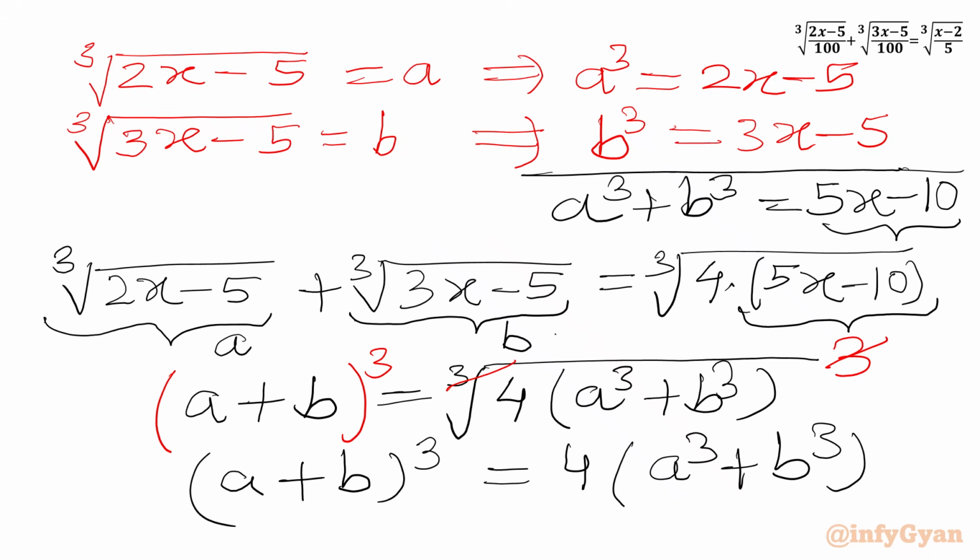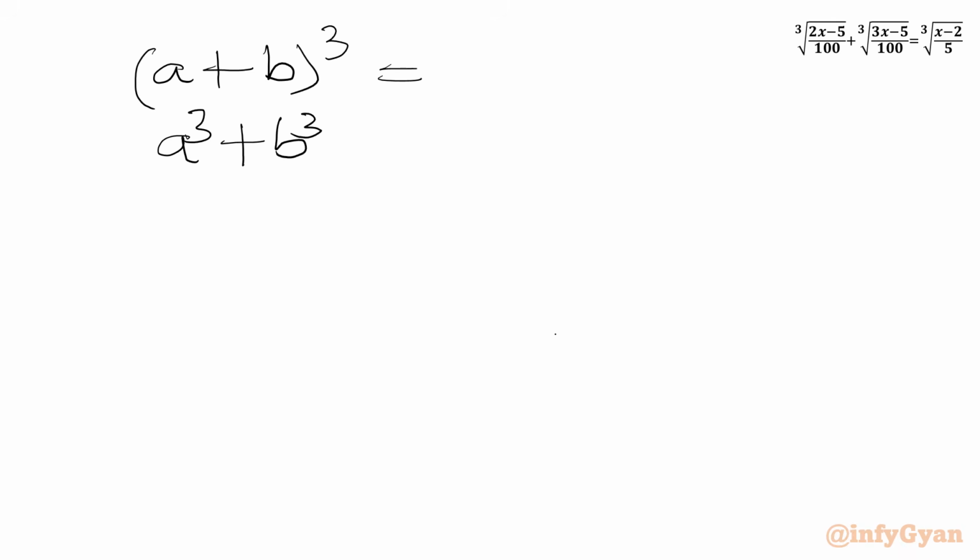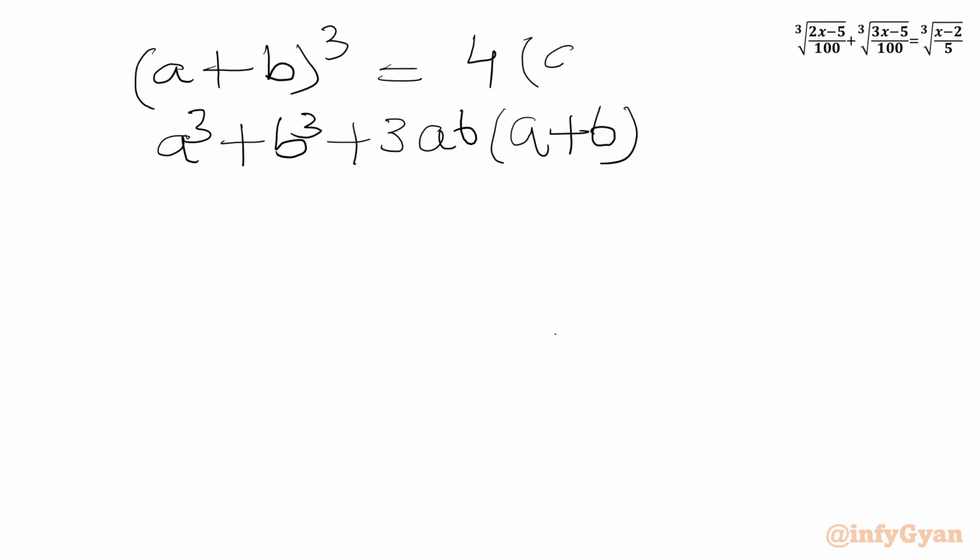Now we have to expand our LHS. We will use a plus b whole cube identity here, which is equal to a cube plus b cube plus 3 times ab times a plus b. In RHS we have 4 times a cube plus b cube, which we can write 4a cube plus 4b cube.